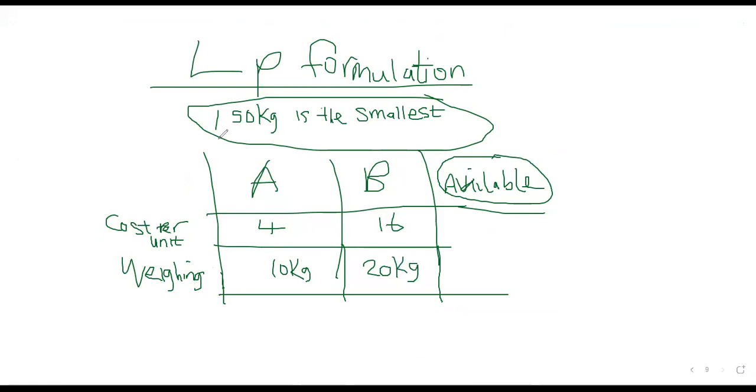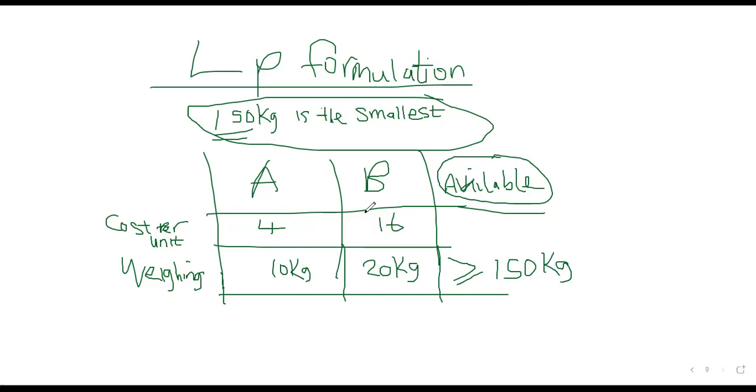And the least for the kgs is 150, meaning that whatever we have here should be greater than or equal to 150. 150 kg is the least. All right, so this is what's going to open.